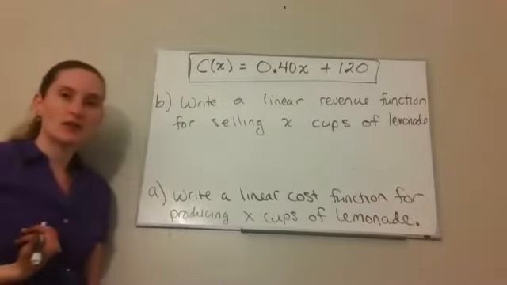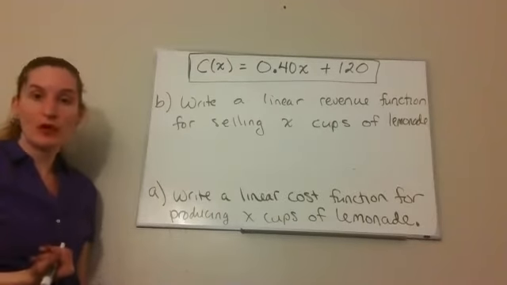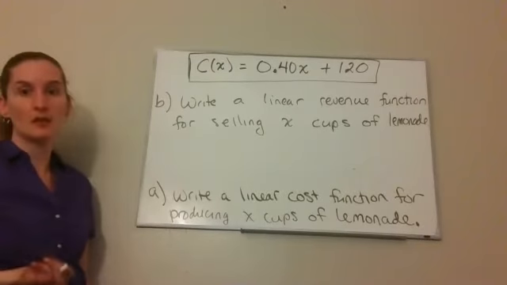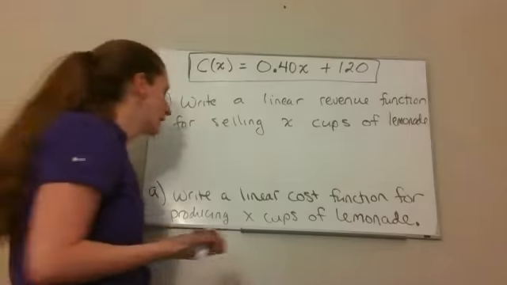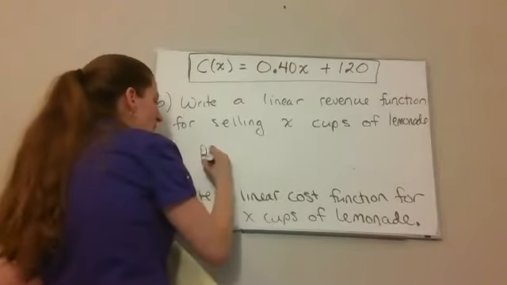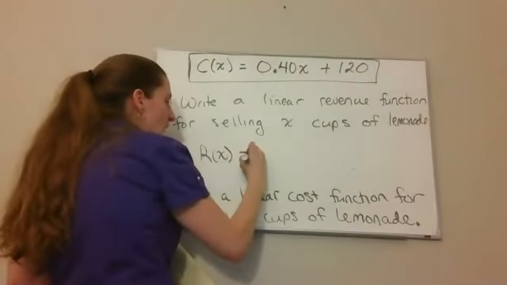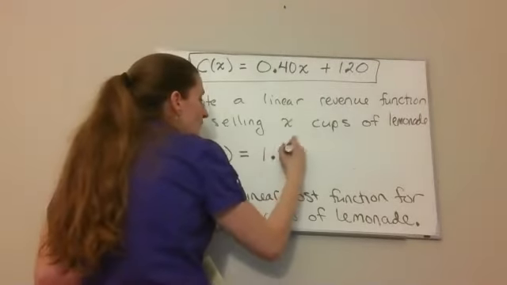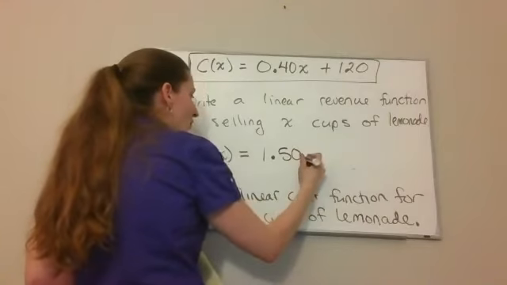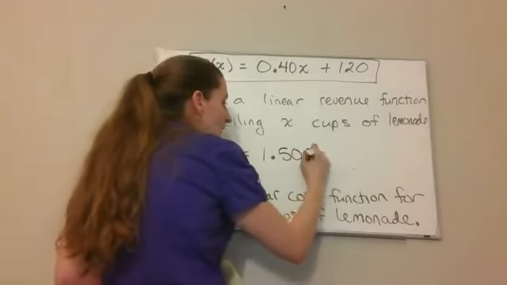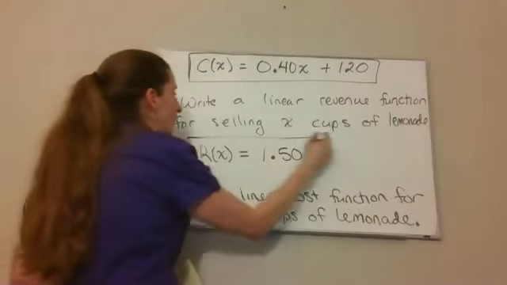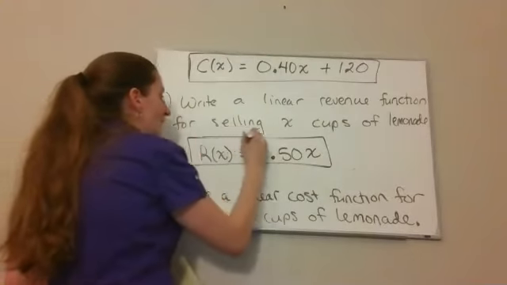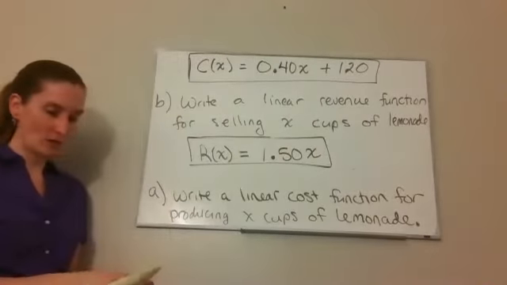So your revenue function, remember, is the price per item times the number of items. So in this case, my revenue, since I sell each cup of lemonade for $1.50, my revenue function is 1.50 times my number of cups, so 1.50x. That is my revenue function.